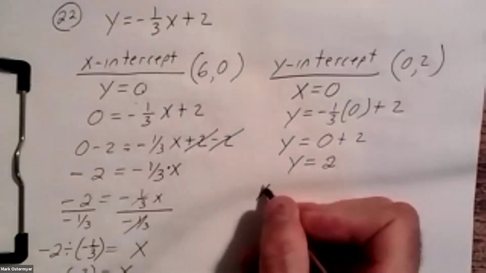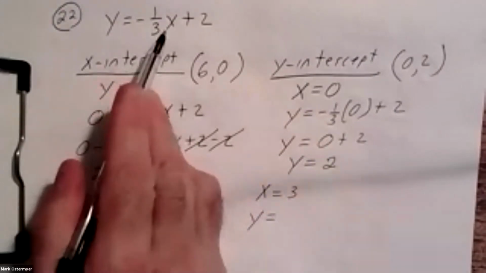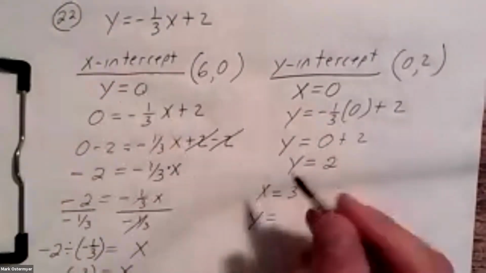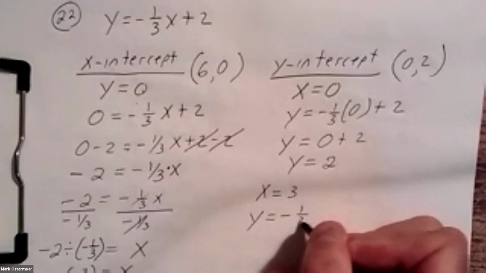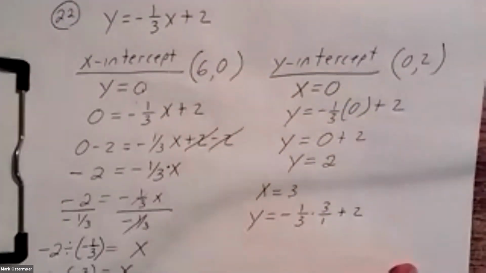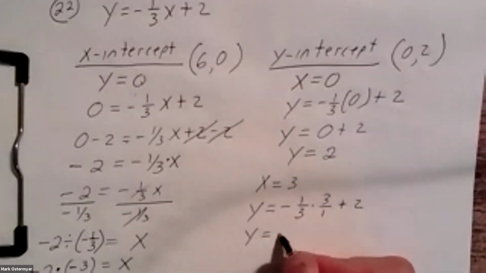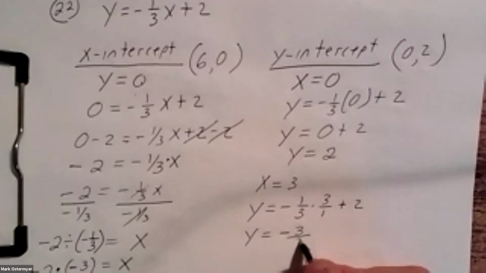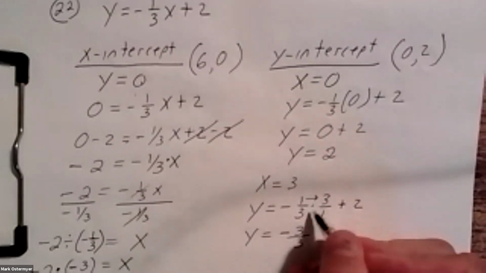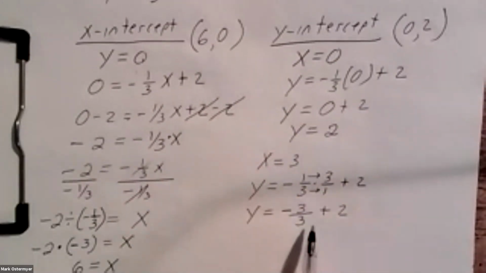Let's let x be 3. If x is 3, we replace the x variable with 3 in the equation. And so y will be negative 1/3 times 3 plus 2. Now, what's negative 1/3 times 3? It's going to be negative 3 over 3, plus 2. But what's another name for negative 3 over 3?